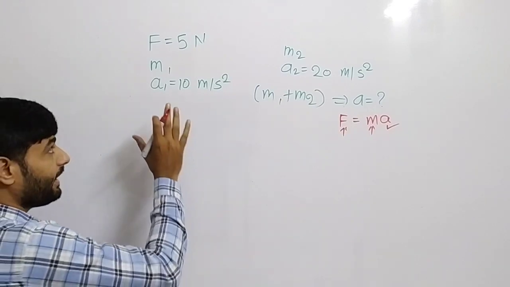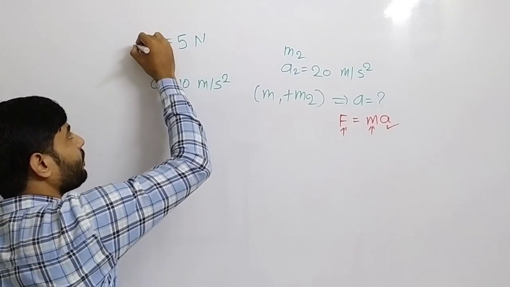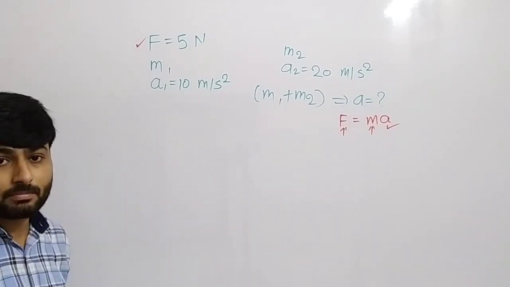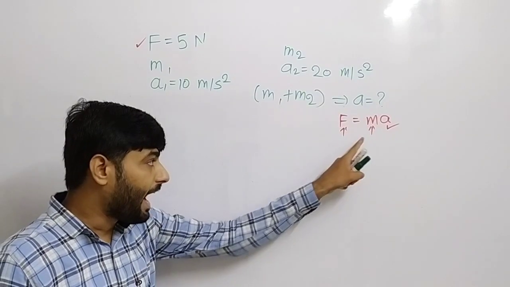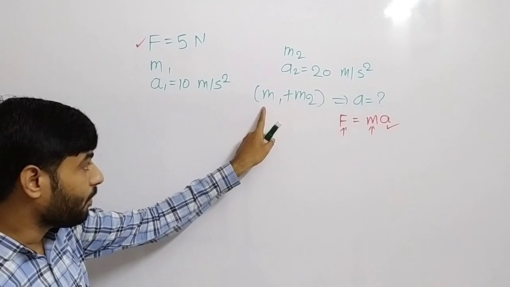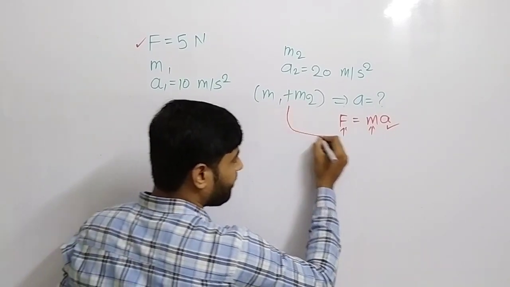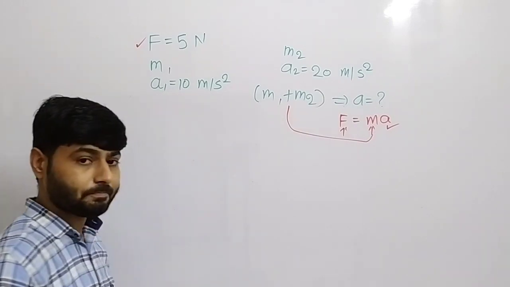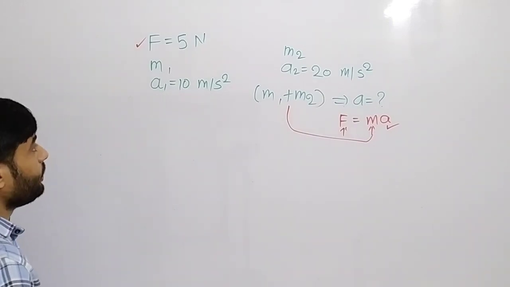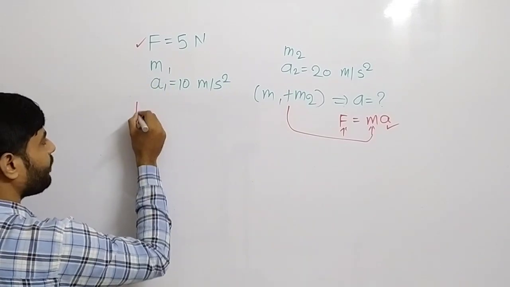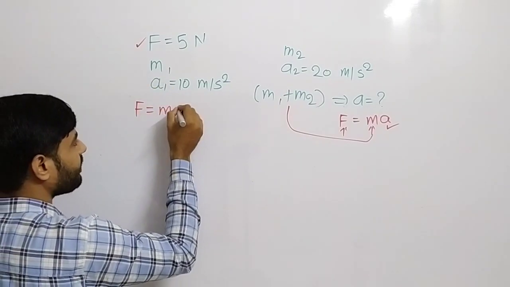In this example, I have force, but I don't have mass. So first of all, I have to find the mass of both m1 and m2, so I can put m1 plus m2 here.